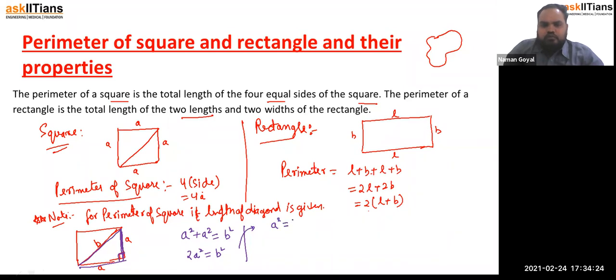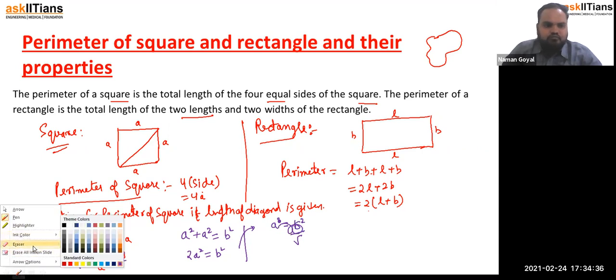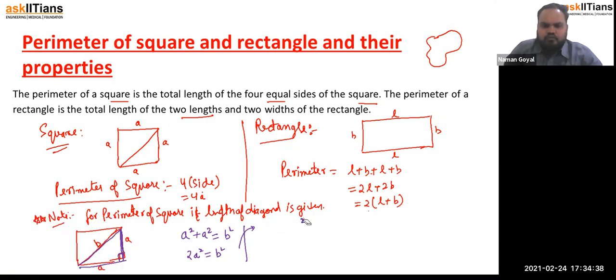What we want to do is find the value of a in terms of b, isn't it? Now what is a square? a square is b square upon 2. So if you take the root of both sides, what do you get? a will be b upon root 2.